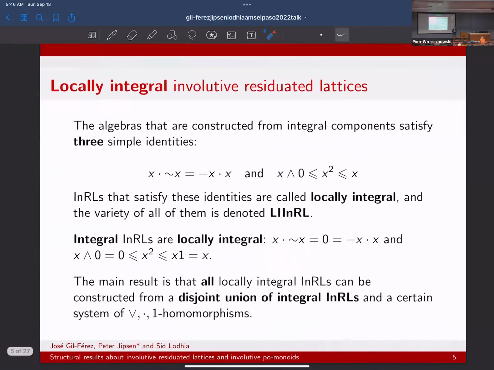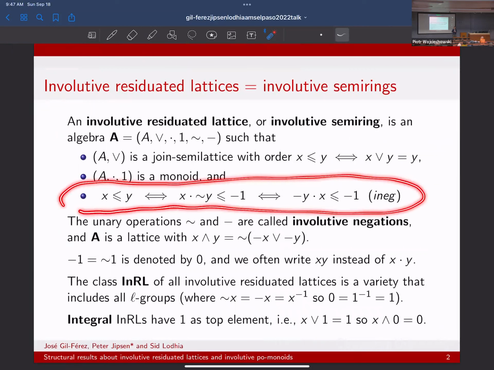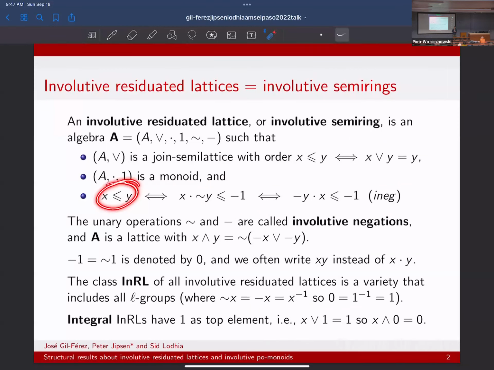And I should mention that one of the important parts here is right at the beginning of this definition. The order, and this is true in any residuated lattice, but hasn't been exploited enough, is completely determined by this condition. This condition has the monoid operation in it and some subset. You need to know the subset of all the elements below -1.